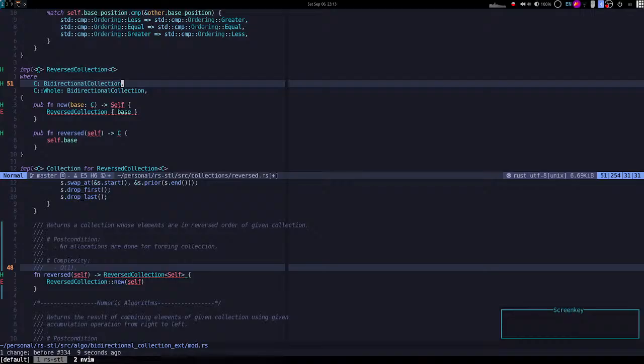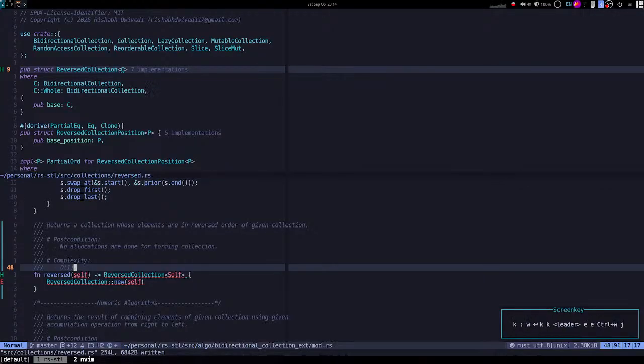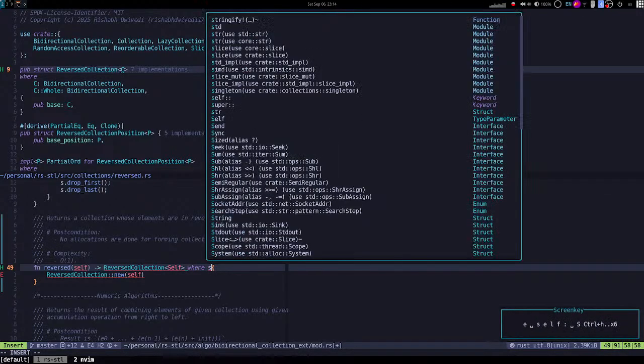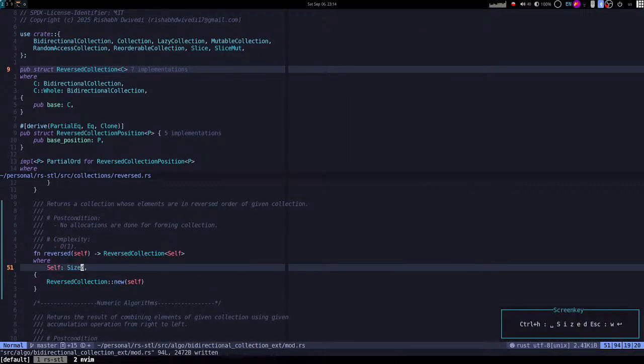I guess because we are storing the same, C should be sized, where self is basically sized, right? Okay, now this is fine. These are the things we do not want to deal with in high-level when we are writing the language. Anyways, this is the reversed collection.